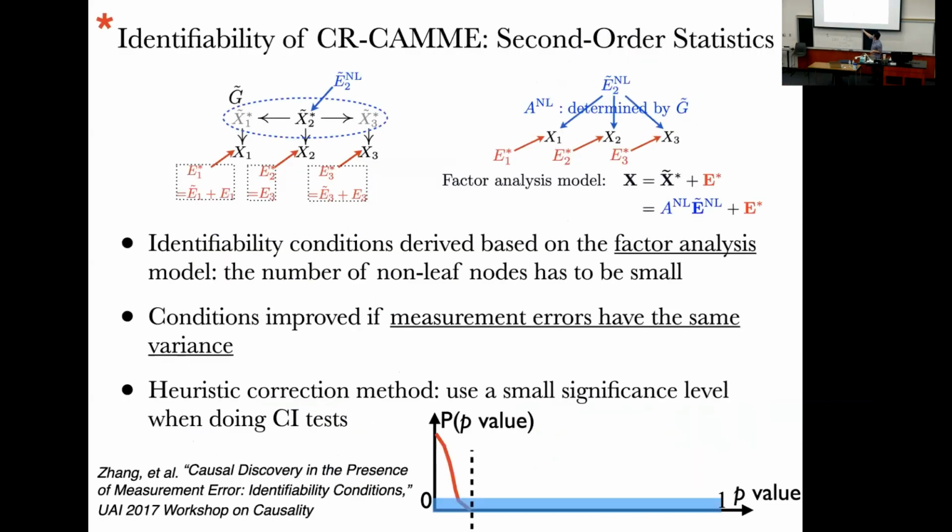Right here, as I just mentioned, because of measurement error, originally conditionally independent variables will become somehow conditionally dependent, right? And dependent variables will become less dependent. So for the test, the distribution of the p-values will be wider, because dependent variables will become less dependent, right?